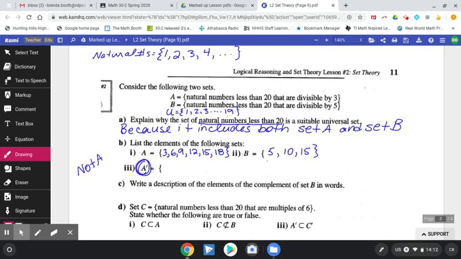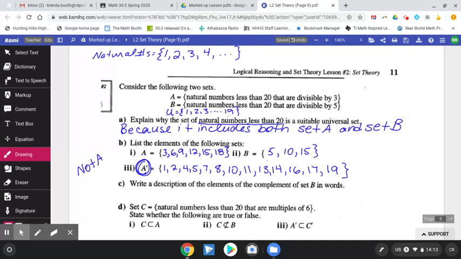So it would include 1, 2, not 3, 4, 5, not 6, 7, 8, not 9, 10, 11, not 12, 13, 14, not 15, 16, 17, not 18, 19, and that's it.